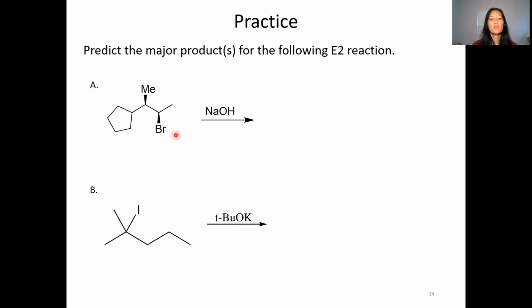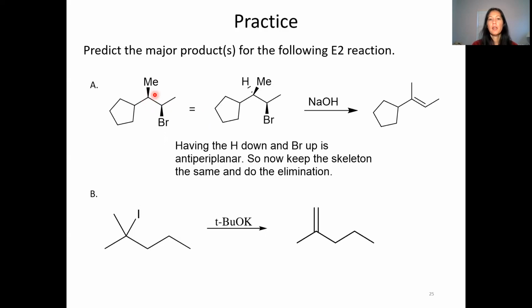Okay, so this first compound, you have a bromine up and you have 2 types of beta hydrogens here and here. Since you have a small base, you'll prefer to form the more substituted double bond. So you'd want to be able to deprotonate here if there is an H that can be antiperiplanar. So if you draw the skeleton like this, a straight bond, and then you have a bromine up and H down, that is antiperiplanar.